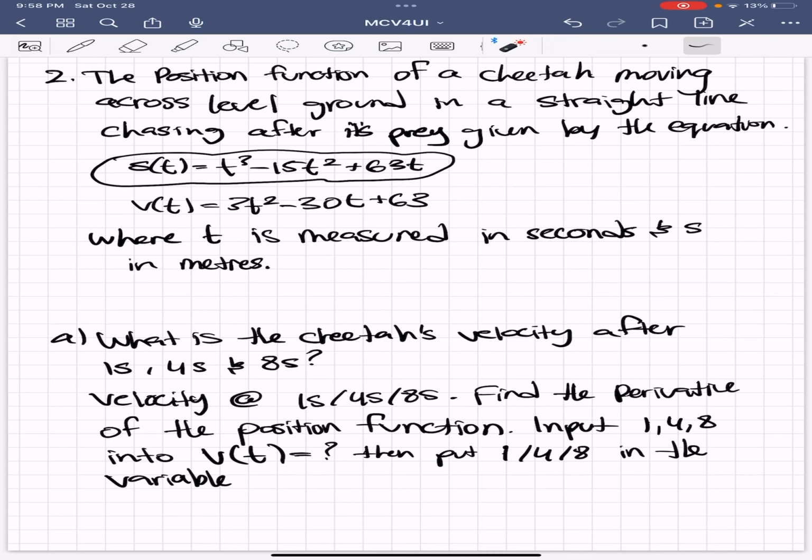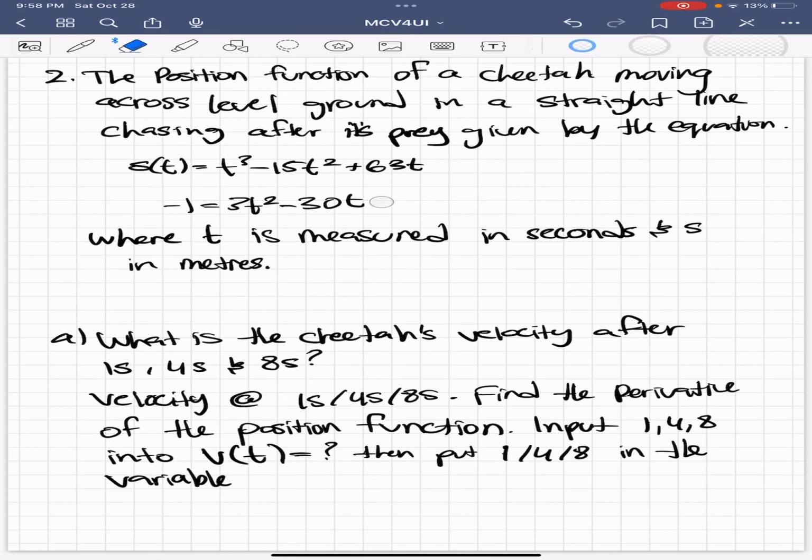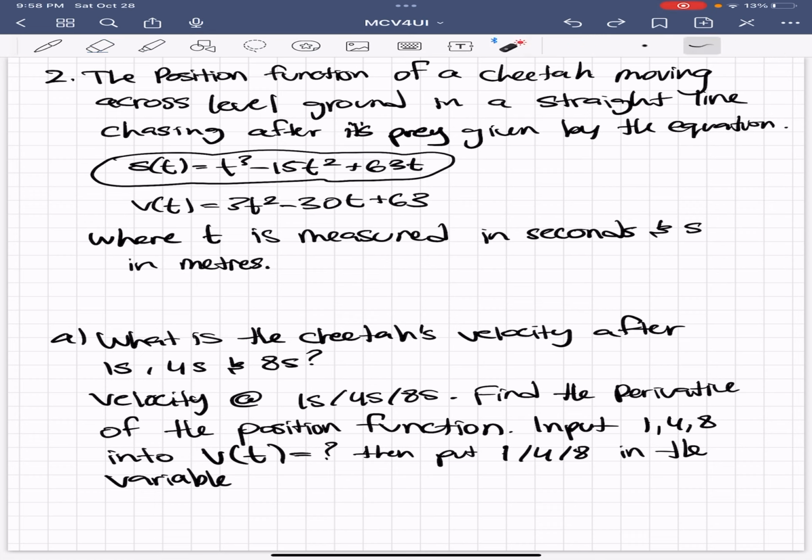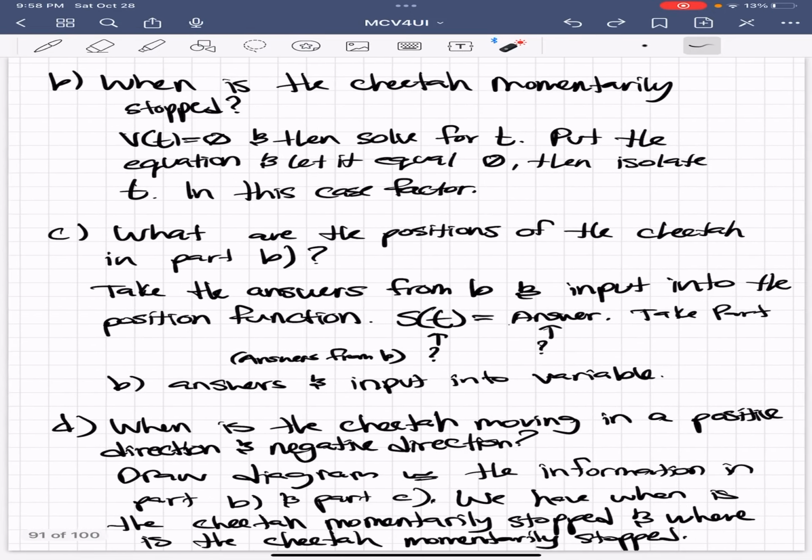Most commonly, the power rule. Then we input 1, 4, and 8 into v of t, and then we input 1, 4, and 8 into the variables in this equation here. My apologies. We'll input 1, 4, and 8 into these variables right here. So that's how you solve A.